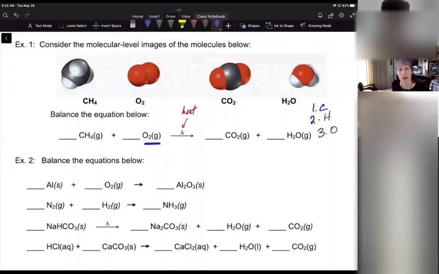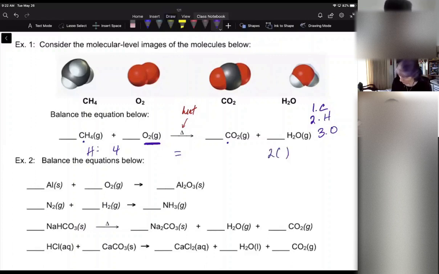So whatever I do with the oxygen, I can always fix it up at the end. I'm going to start with carbon, and that is a 1 and a 1, so that one's okay. It doesn't help me. Here we've got hydrogen. I might write it here. Here I've got 4 hydrogen. The arrow is my equal sign. And here I've got 2, and I need to multiply it by something.